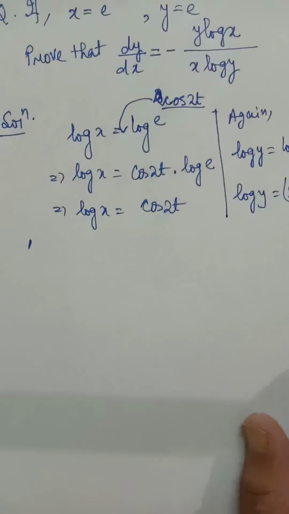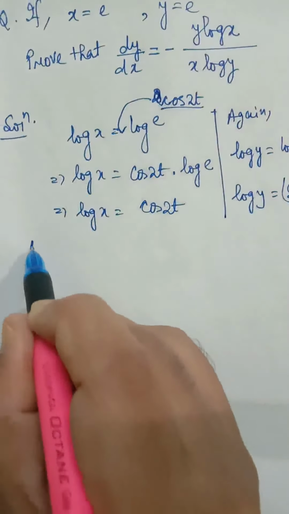Now we have to find dy by dx. So first of all, let me find dx by dt. Dx by dt equal to, derivative of e to the power x is e to the power x multiplied by the derivative of cos 2t. So it will be e to the power cos 2t, and the derivative of cos 2t is minus 2 sin 2t.